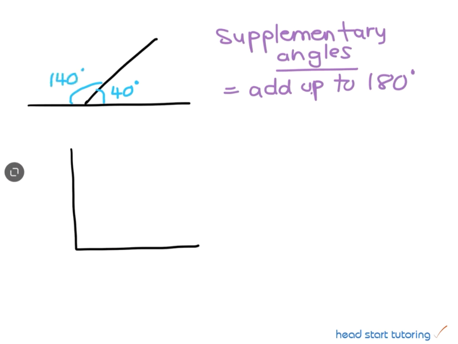And we can obviously see that because these angles are lying on a straight line, and we know that a straight line is a 180 degree angle. So if a 180 degree angle is divided up into 40 degrees, the other part of that angle will obviously have to be 180 degrees minus 40, which is 140 degrees. So supplementary angles add up to 180 degrees.